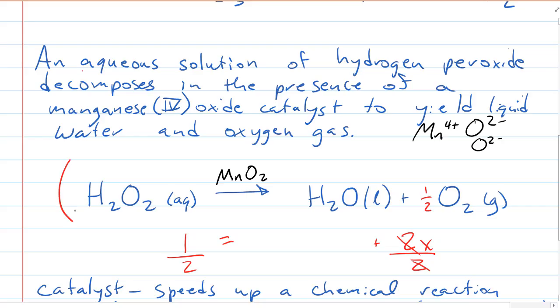We can't leave the fraction in here, so we then take the entire equation and multiply it by a factor of 2. Once we multiply the entire equation by 2, we distribute that 2 throughout. It gives us a 2 here, a 2 here, and a coefficient of 1 for the O2. And this is your balanced chemical equation.